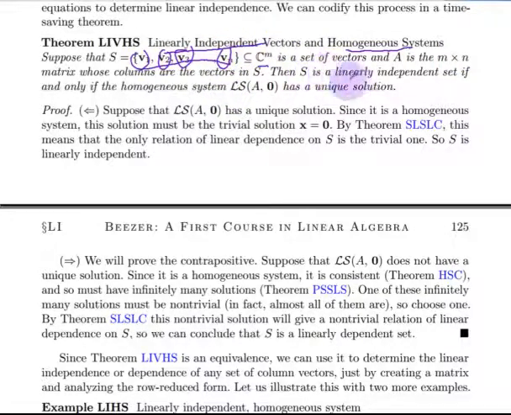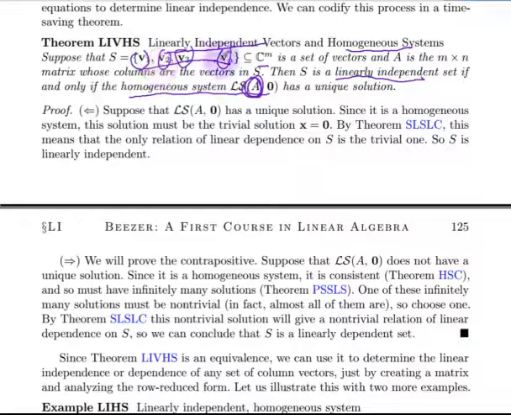Then this set of vectors is linearly independent if and only if the homogeneous system corresponding to this matrix has a unique solution. All right, just say that again. Take a set of vectors, form the matrix whose columns are these vectors.